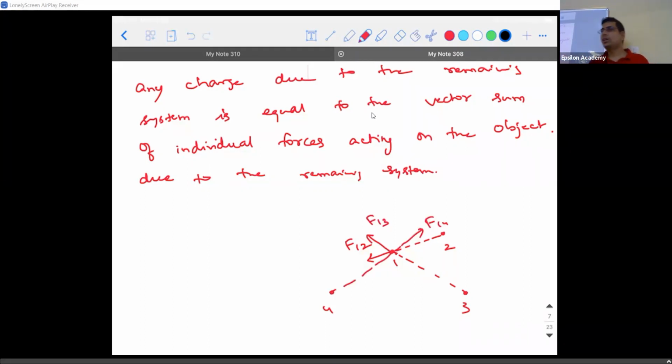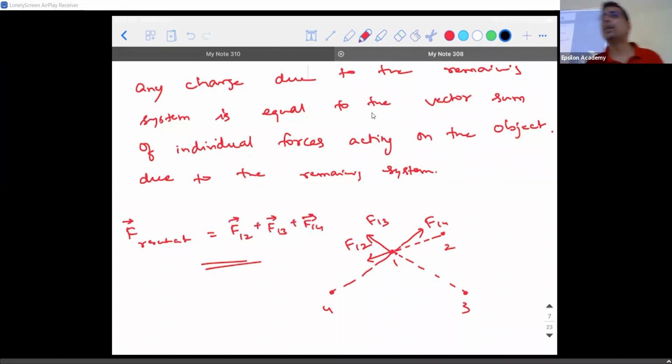Can I add all these quantities directly? Can I perform a direct addition between them? No, because they have directions associated, and they are in random directions. So if I need to find the resultant force acting on the first charge, it is given as the vector sum: F12 vector plus F13 vector plus F14 vector.